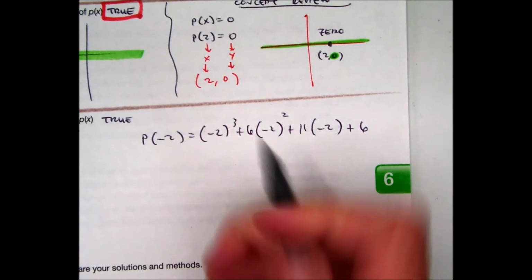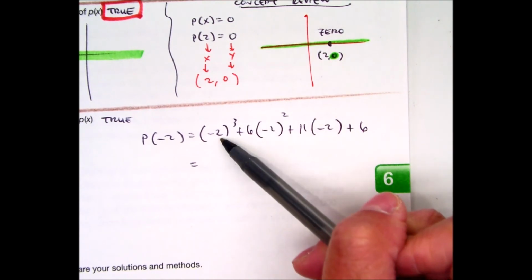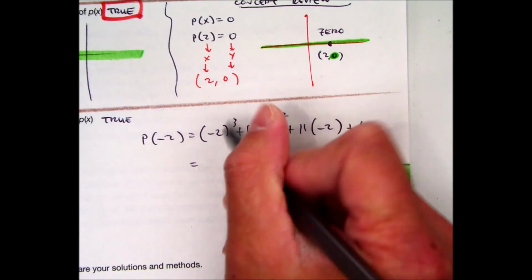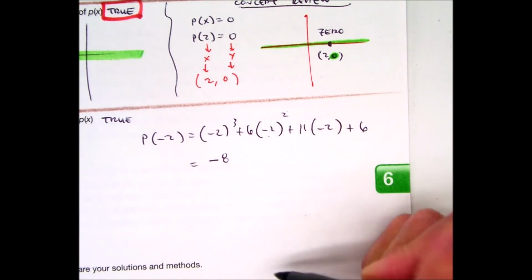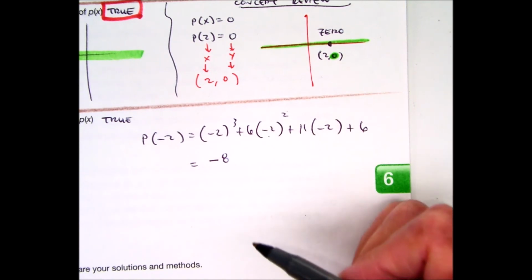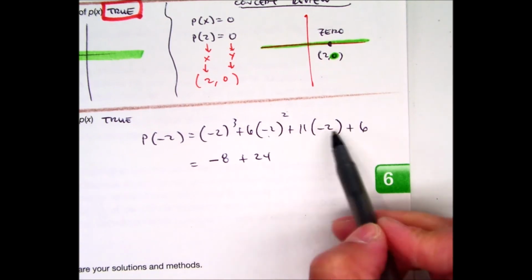Let's simplify now. I evaluated, now simplifying. Kevin, negative 2 cubed. That's negative 8. Gabby, negative 2 squared. And 4 times 6. Brianna, 11 times negative 2.